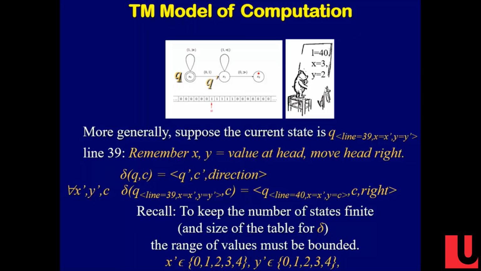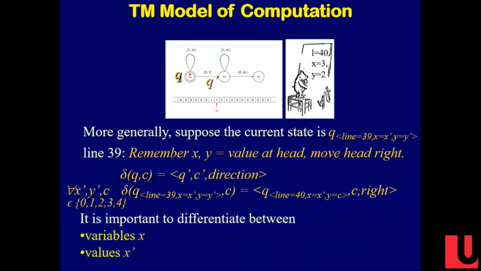Everybody getting that? And to keep the number of states finite and the size of the table finite, we must put the values in a certain range. We can't store an arbitrary integer. They have to be within a range. So there, I have my x's ranged and my y ranged.